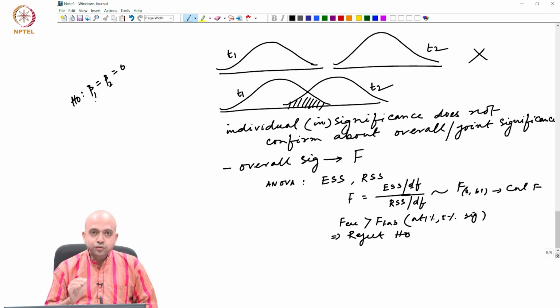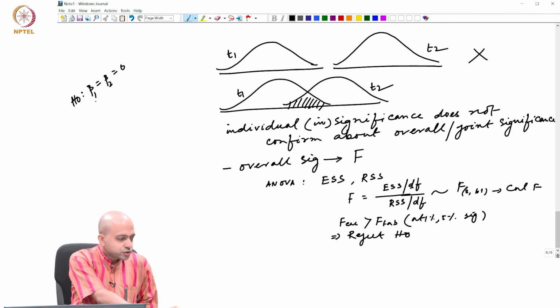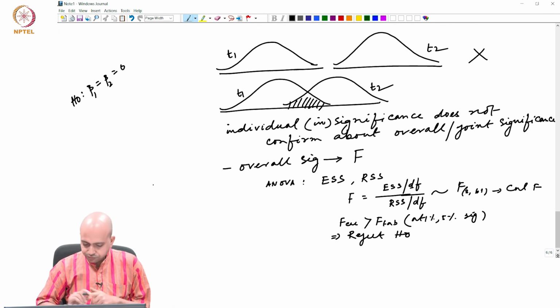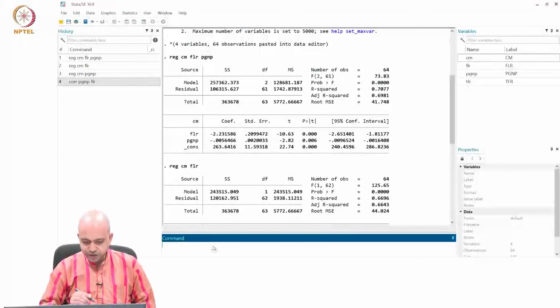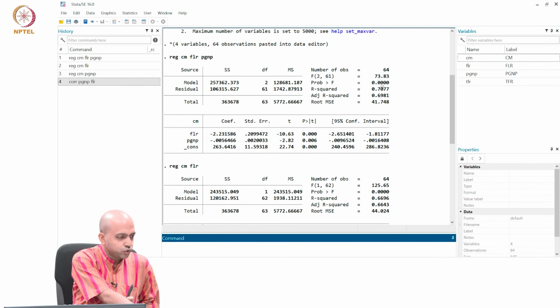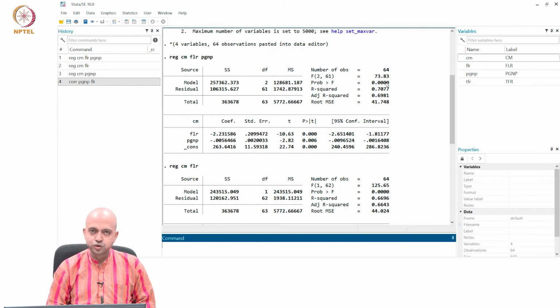If we go with the P value, the moment we estimate the model, the software is also reporting the F value with the corresponding P value. The P value is 0.0000. If you multiply that by 100, it is still less than 1. That means our model is significant at the 1% level.